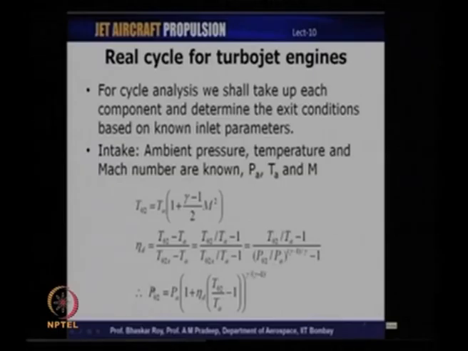If we simplify, we get P02 equal to Pa multiplied by 1 plus eta d, the diffuser efficiency, times T02 by Ta minus 1, this whole thing raised to gamma by gamma minus 1. T02 is known from our previous equation. If the diffuser efficiency is known, we can now calculate the stagnation pressure at the exit of the intake. So, we now have the stagnation pressure and temperature at the exit of the diffuser, based on our knowledge of the Mach number and the ambient conditions, as well as the diffuser efficiency.